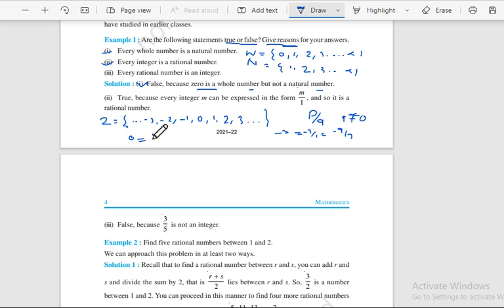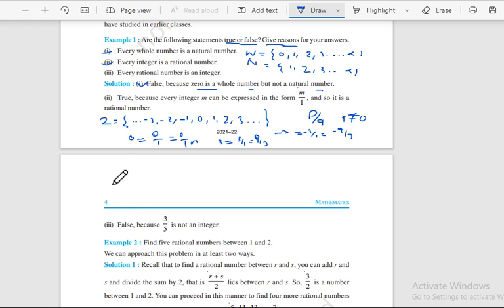Yes, 0 by 1, no problem, or 0 by 100. Any number like 3 equals 3 by 1, or maybe 9 by 3. So all these numbers can be represented as p by q, so all the integers are rational numbers.